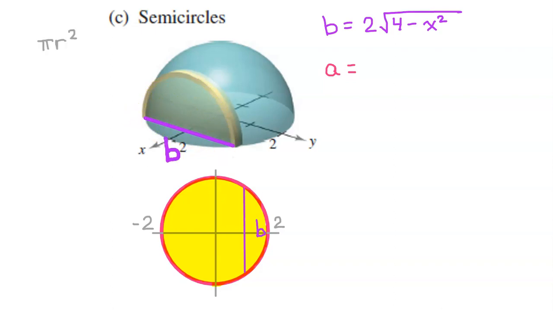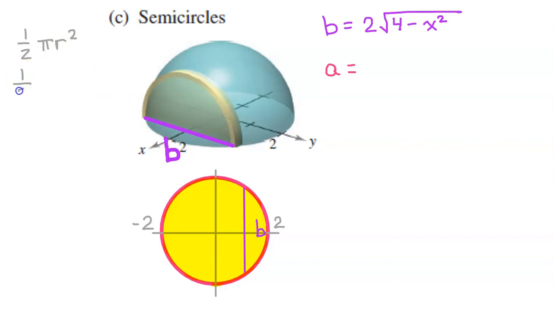We know that the formula for the area of a circle is pi r squared. So half of a circle will be 1/2 pi r squared. Well, r is the radius. In this case, the length of the entire diameter is b. The radius will be half that. So the radius is 1/2 b.